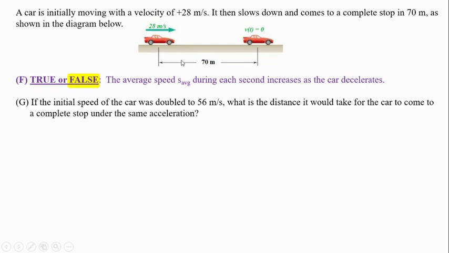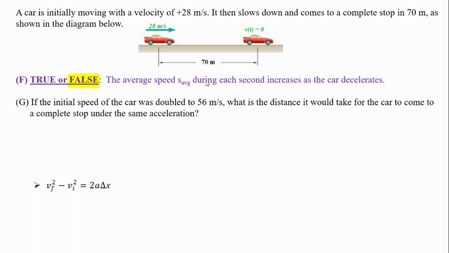So I'm going to say it again. As the car decelerates, it slows down. If it slows down, you cover less distance per second. If you cover less distance, then it would suggest that your average speed decreases, not increases. So therefore, this statement is false, okay?